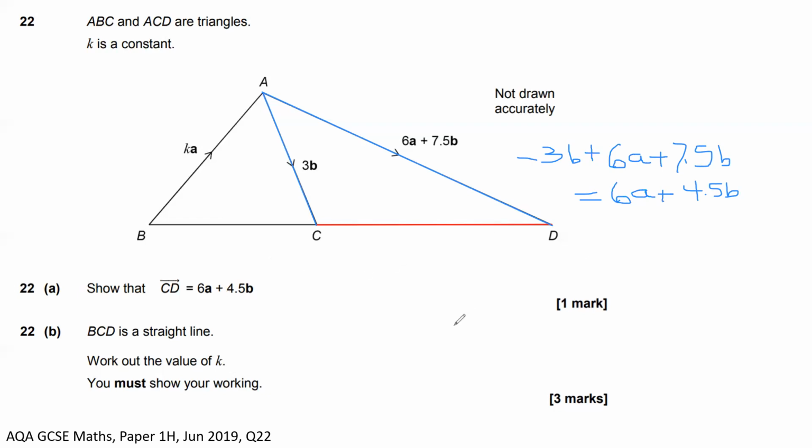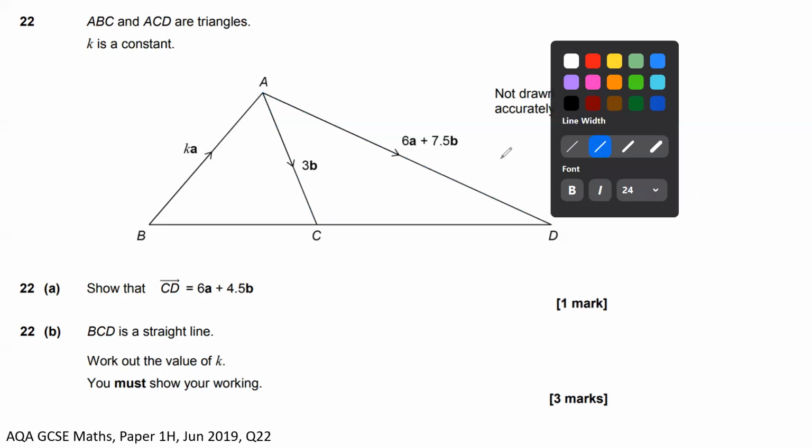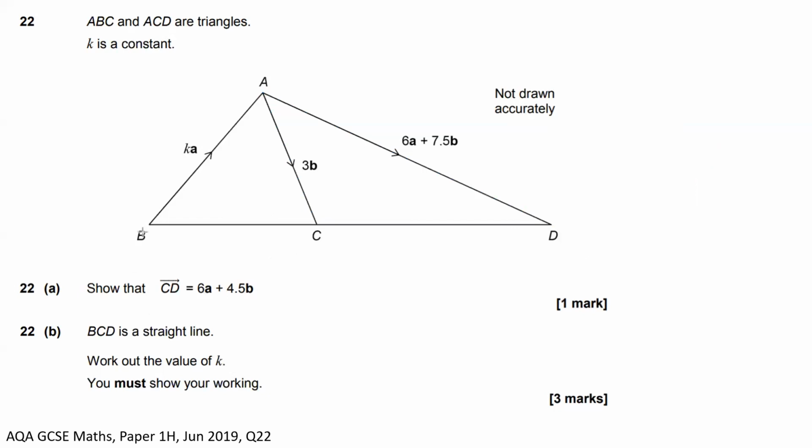So the second part of the question, I'm just going to clear all the stuff that's on here at the moment so I can scribble a little bit more in the diagram. We've been told that B to C to D is a straight line.